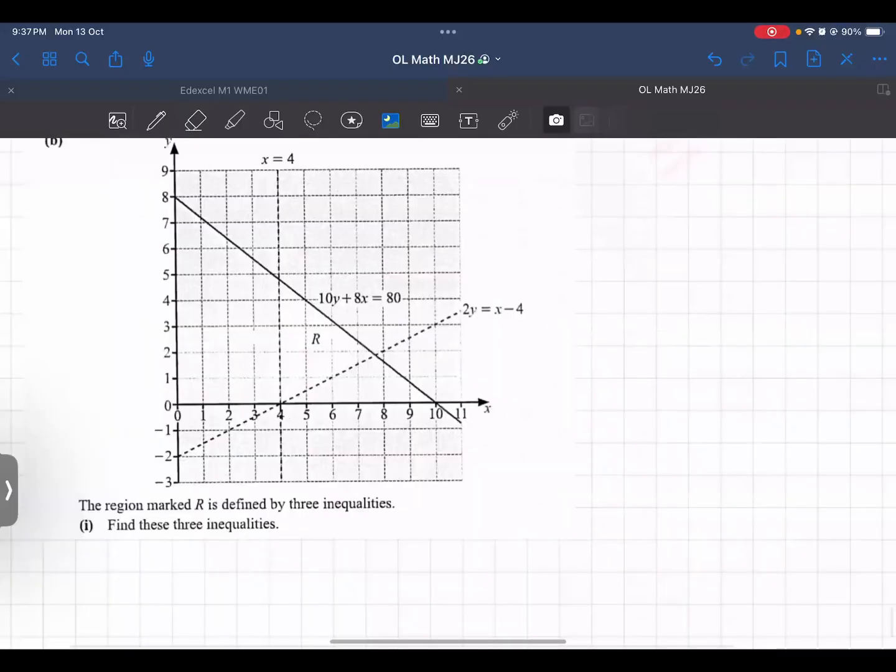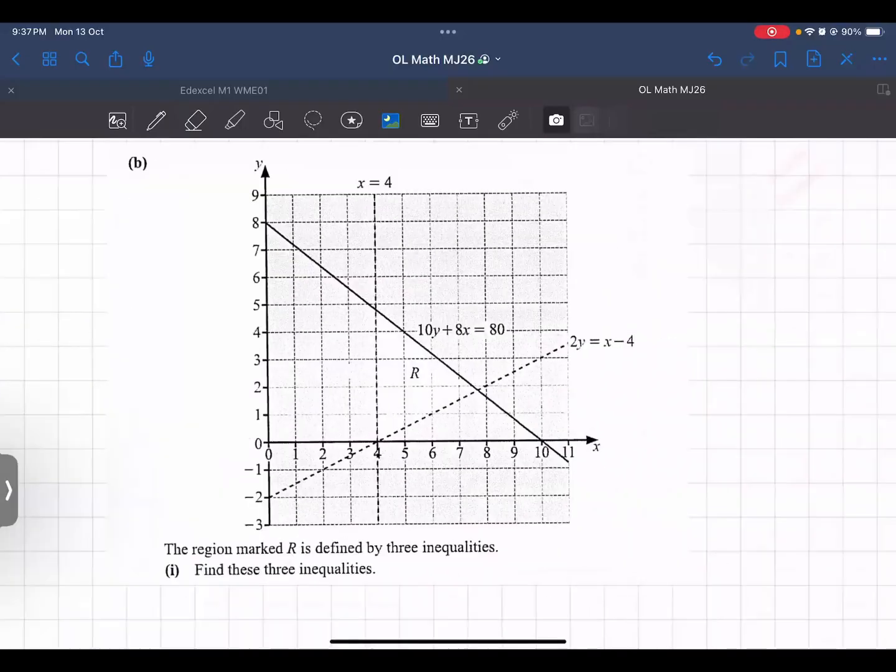First of all, they have labeled everything as well. And the unshaded part, the region R, is this triangle inside. So the three inequalities: first of all, you can see it is below this slant line. So whenever it is below the slant line, it would be y less than. It was not shaded, so how will people know? This was shaded.